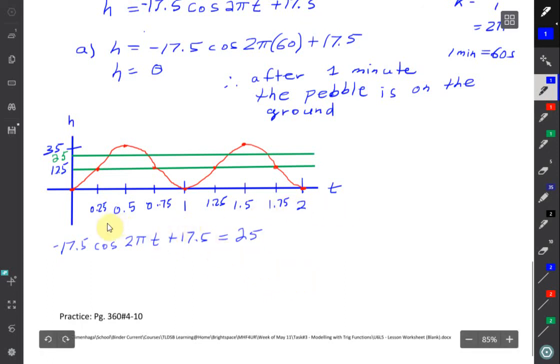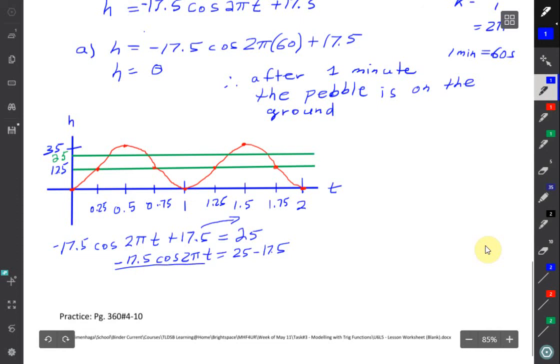So in order to solve this, we've learned how to take equations where we have a sine function equal to a value and write a Cartesian plane and then solve it that way. So what we want to do is get the cos 2 pi t by itself. So minus 17.5 cos 2 pi t is equal to, if we bring this 17.5 to the other side, or subtract 17.5 from both sides, that's 25 minus 17.5.